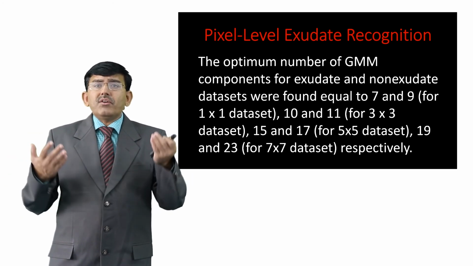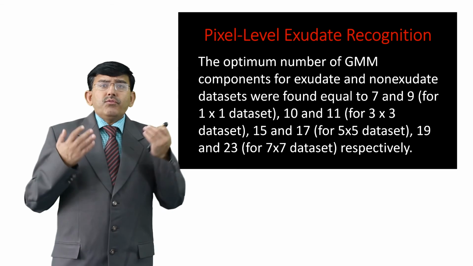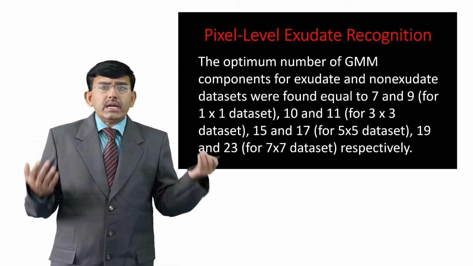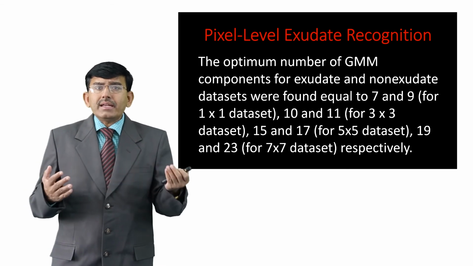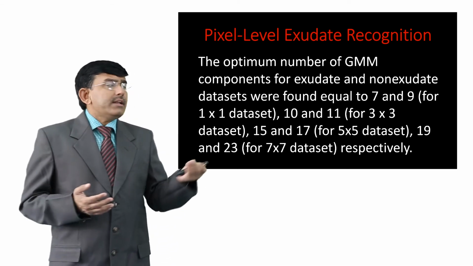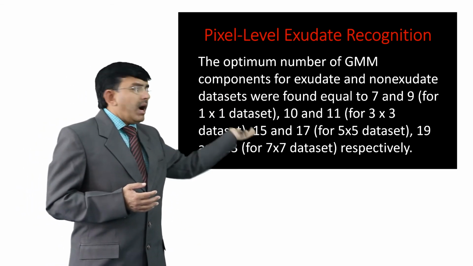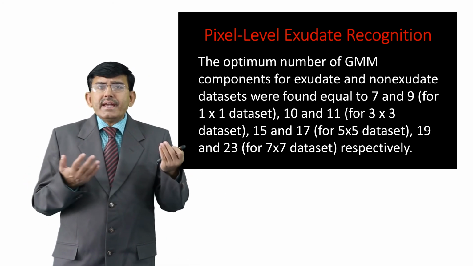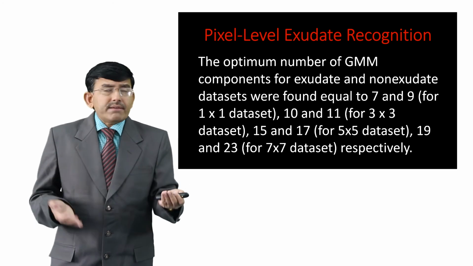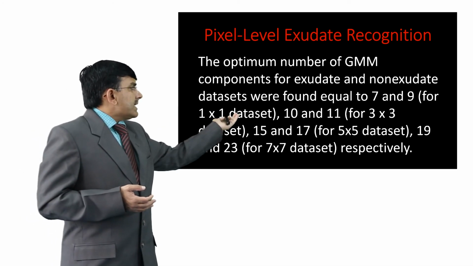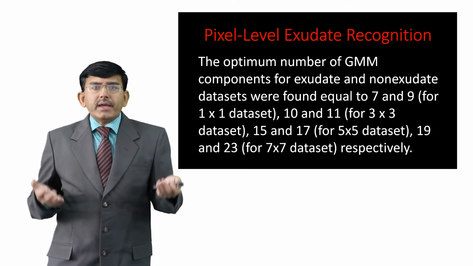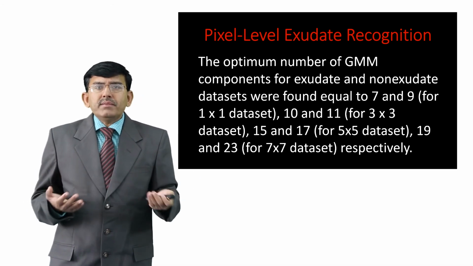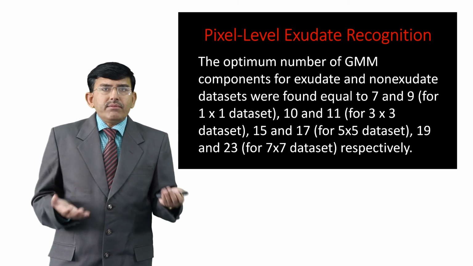The optimum number of GMM components for exudate and non-exudate data sets were found equal to 7 and 9 for a data set of size 1 by 1, 10 and 11 for 3 by 3, 15 and 17 for the data set of size 5 by 5, whereas 19 and 23 for 7 by 7 data set respectively.